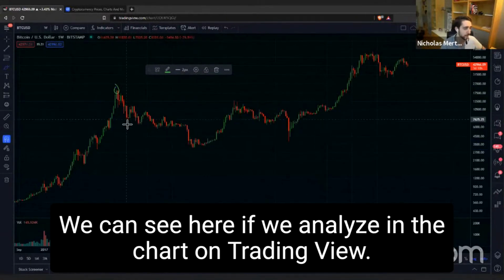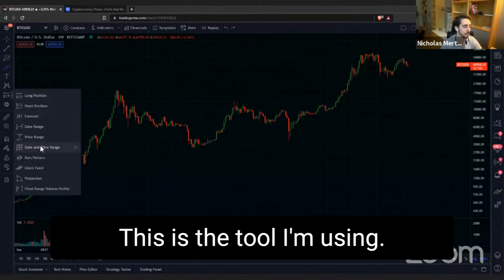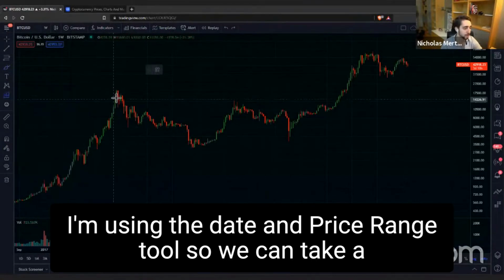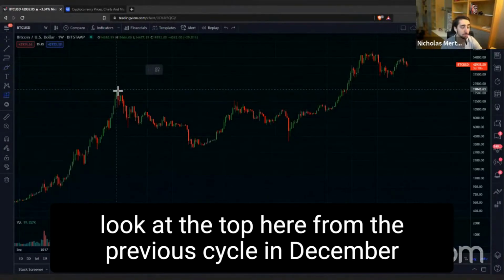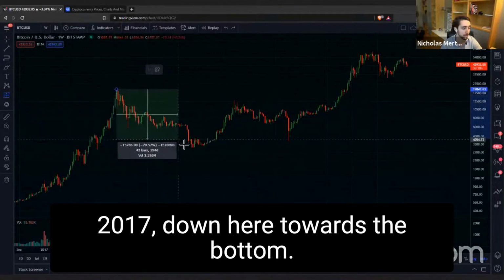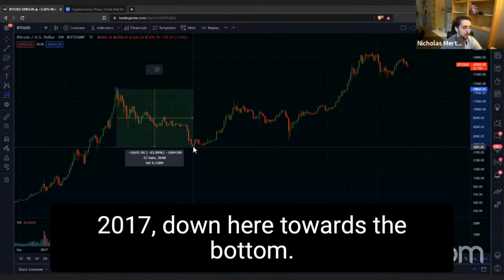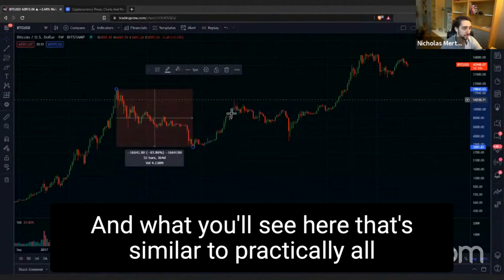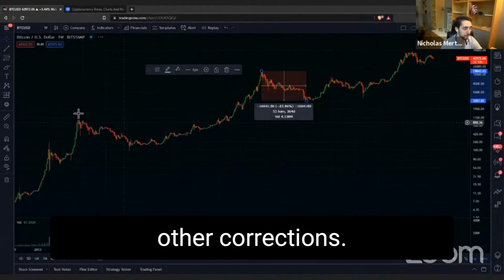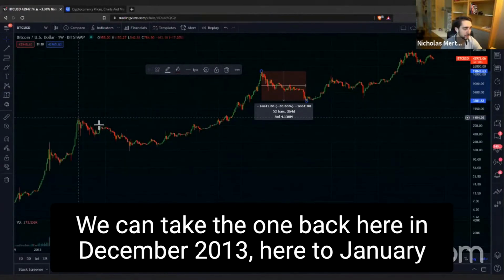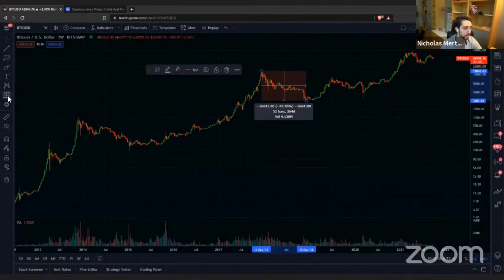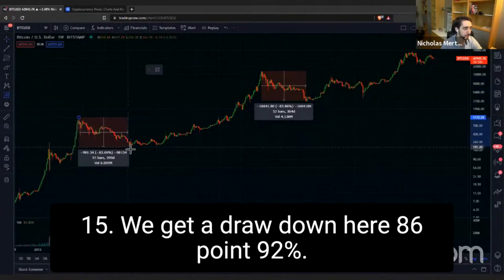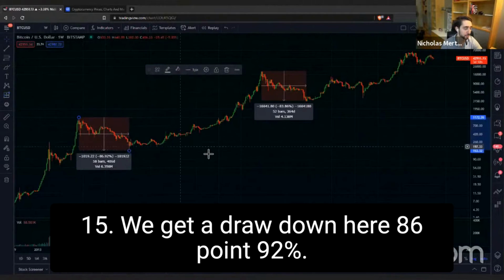We can see here if we analyze on the chart, we use TradingView, this is the tool I'm using. I'm using the date and price range tool. So we can take a look at the top from the previous cycle in December 2017 down towards the bottom. And what you'll see is similar to practically all other corrections. We could take the one back in December 2013 to January 15th, right? We get a drawdown of 86.92%.